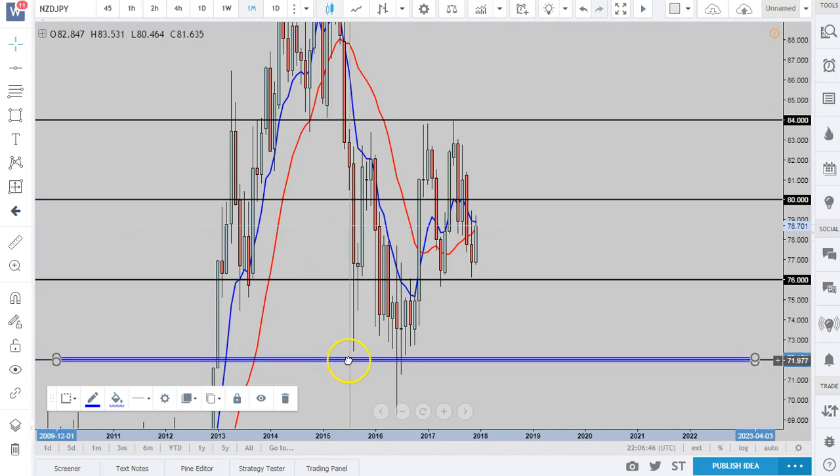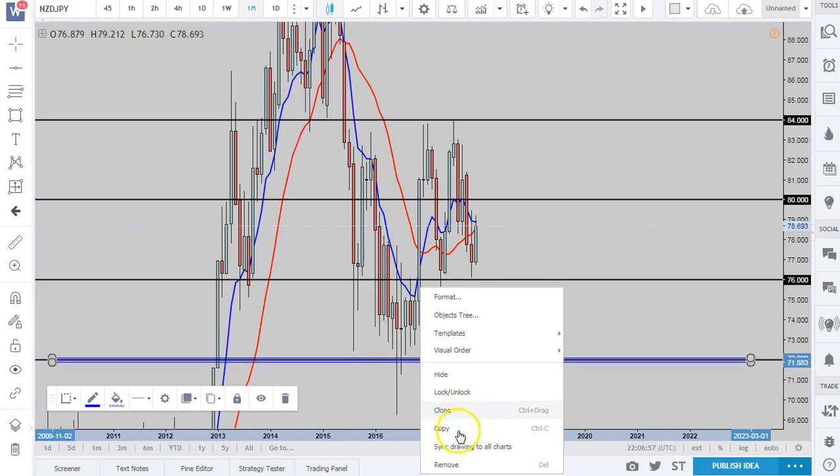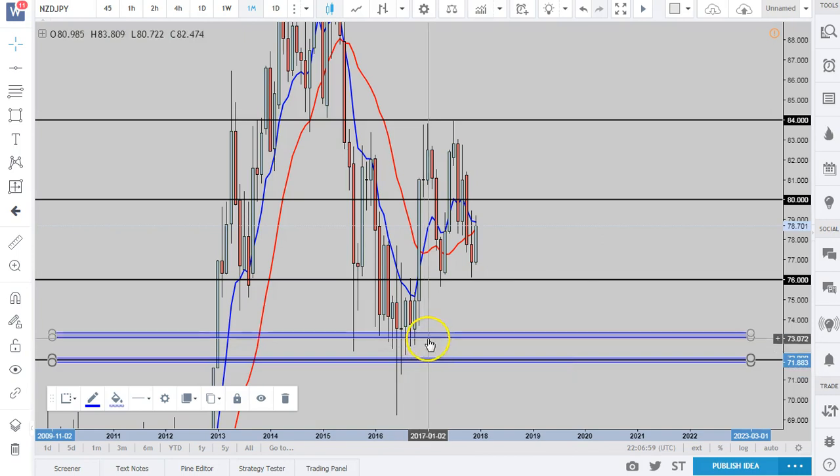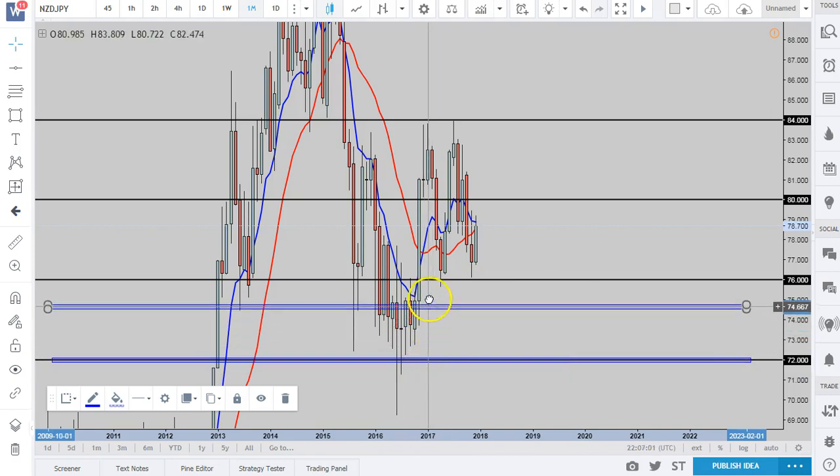The reason why we are using this rectangle tool is to filter fake out in the market. So that's that, and I'm going to clone it and also put it right here.